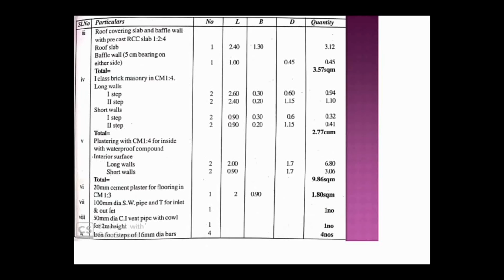In the same way you have to do it here for the second step. It is 2.4 as I told, the length, and 0.2 will be the thickness. And if I minus 195 minus 20 minus 60, I'm going to get 1.15, right? So if you multiply these, you are going to get the long wall quantity.